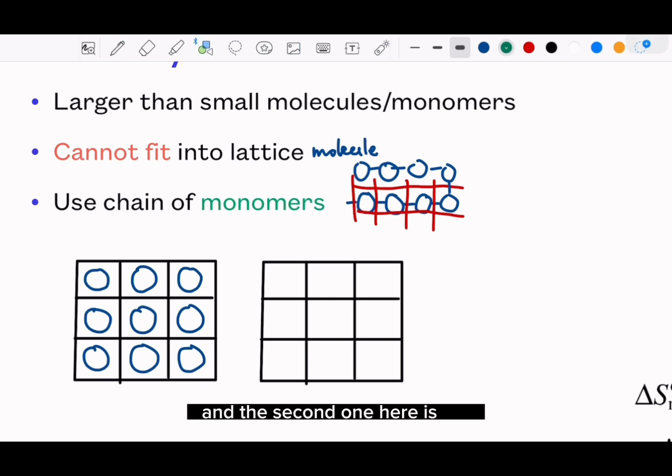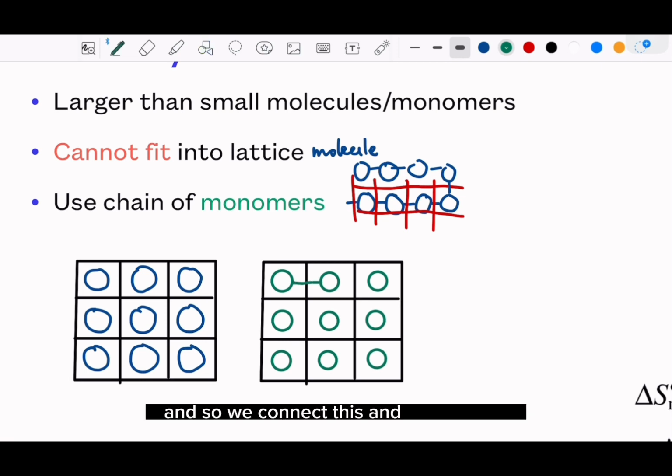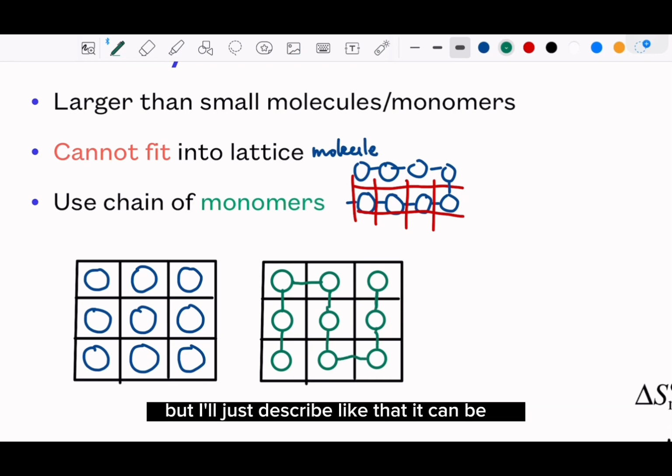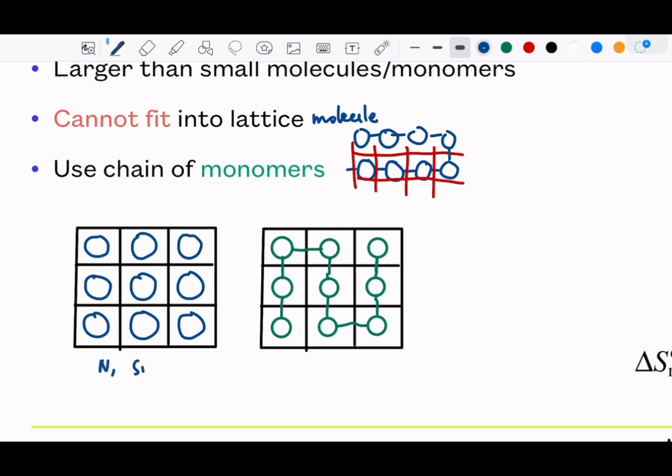And the second one here is the polymer, and we connect this and make it so that each circle is a monomer. It can be in many ways, but I will just describe it like that. It can be in random positions. So this is going to be solvent, and this will be the polymer.